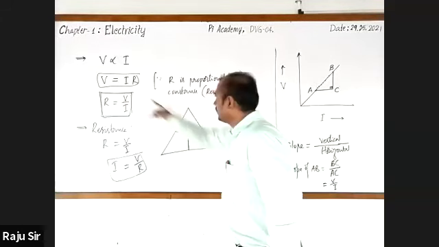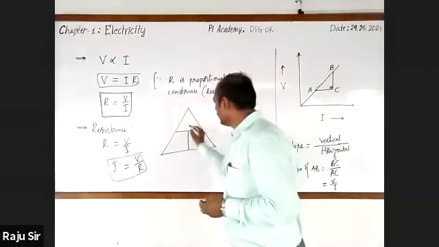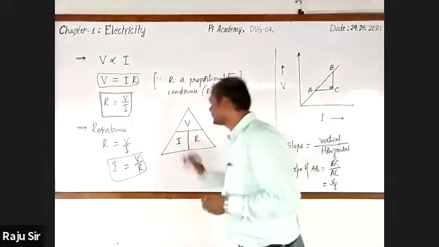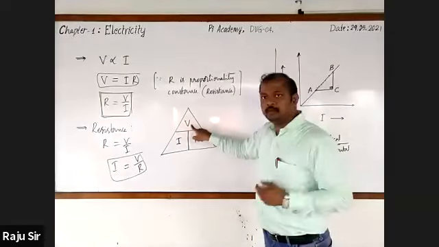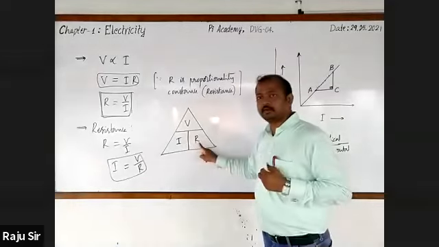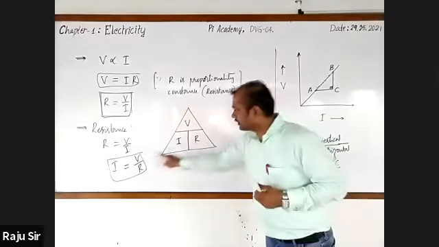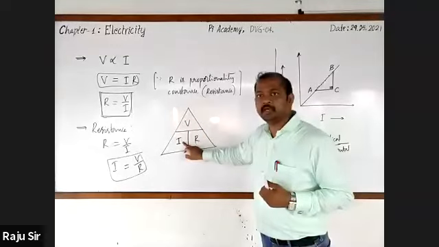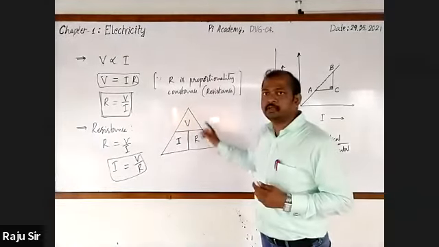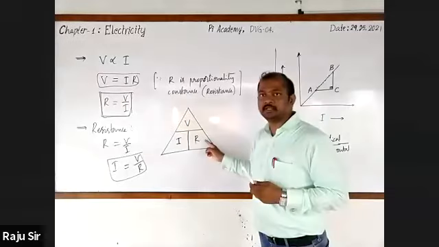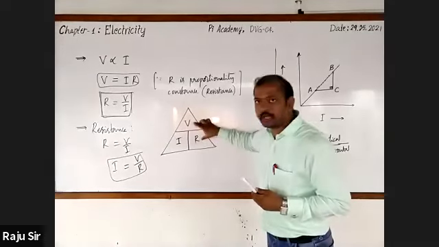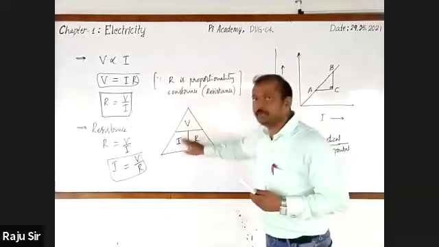Here I'll write V, this is I, and this is R. V can be written as I into R. What about I? Current is V by R. Similarly, resistance R is V by I. So from this geometrical figure, we can know all the 3 physical quantities.